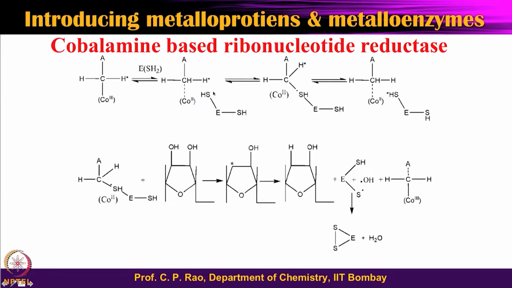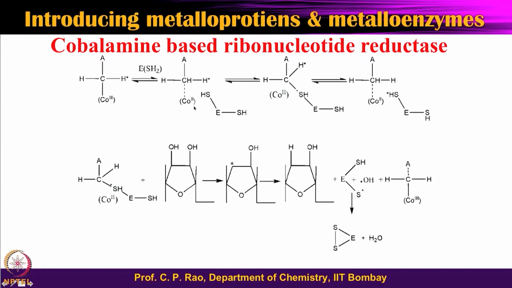Okay. When this particular substrate, the nucleotide, binds to the enzyme, this cobalt adenosyl part will get influenced, get strained, and can give the breakdown of the cobalt and carbon bond to give a radical.